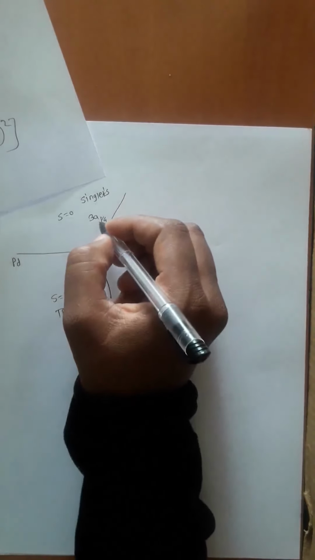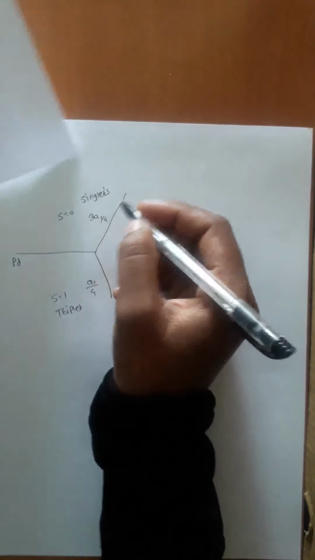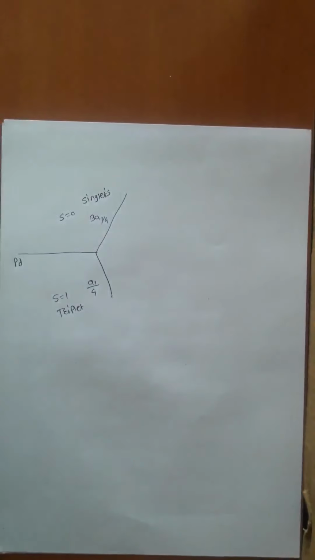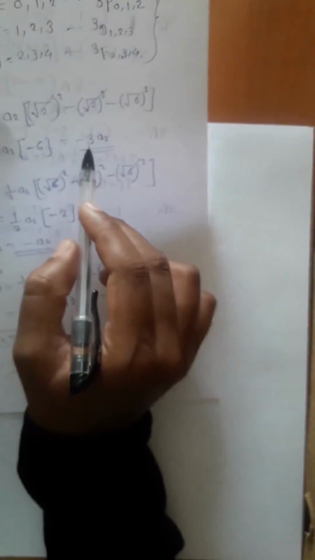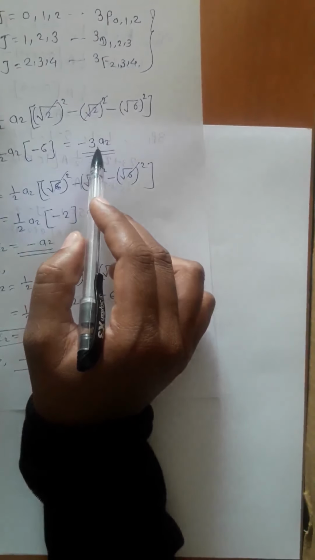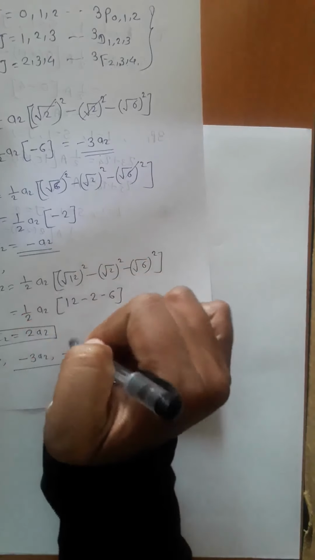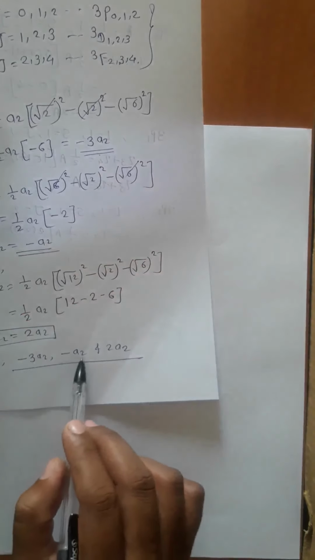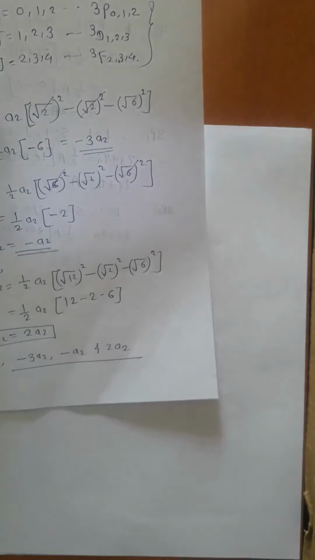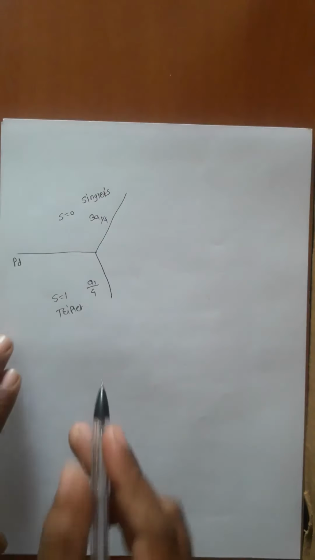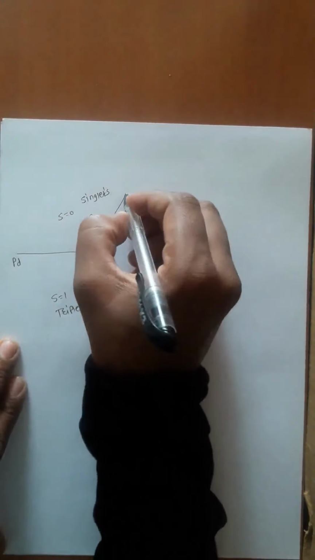Now for this 3a1 by 4, for the singlet term we will get the values for 1P1, 1D2 and 1F3 as minus 3a2, minus a2 and 2a2. Now we have to draw this structure like this.